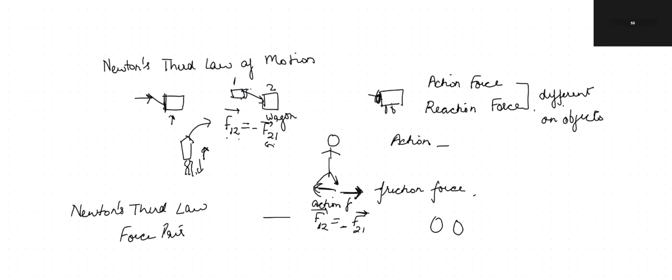Now we can explain this. Suppose there is a book lying on a table like this.